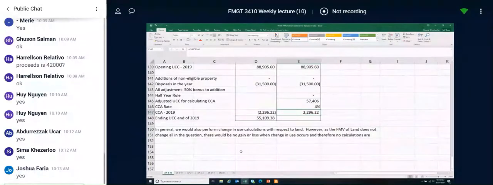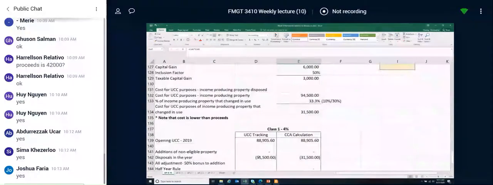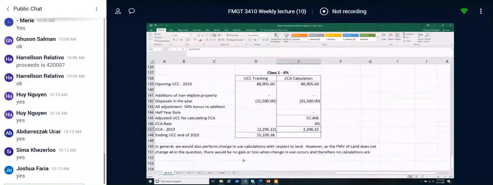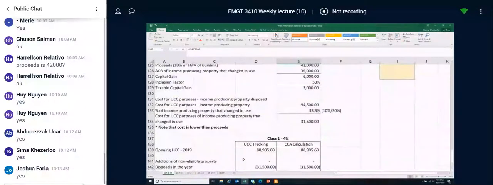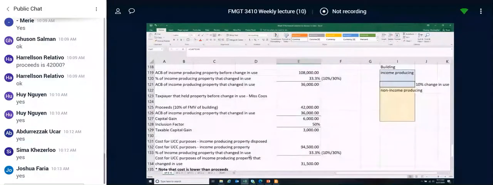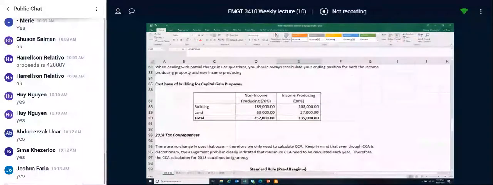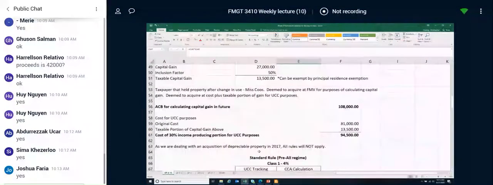Okay, so hopefully partial change in uses are not too difficult for you guys now. Now that we've gone through this, it's a bit detailed, but the key really is you just need to keep track of all your tax attributes.